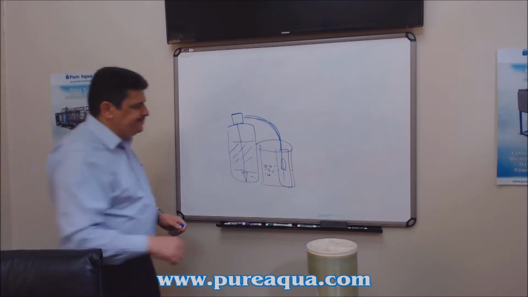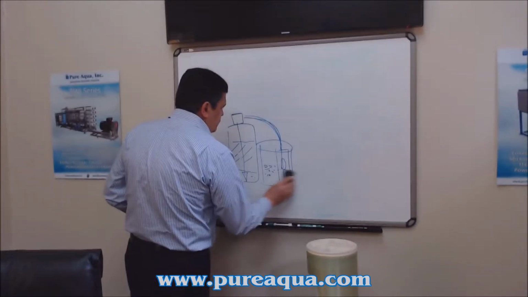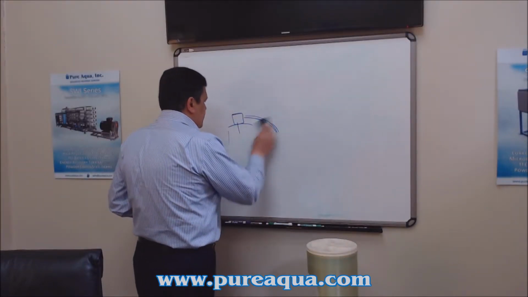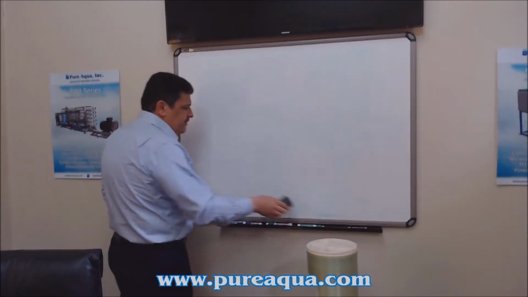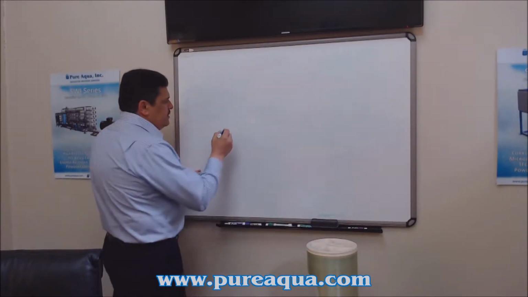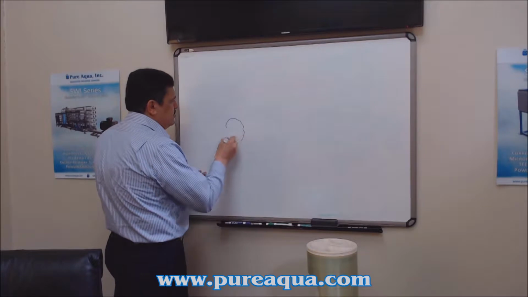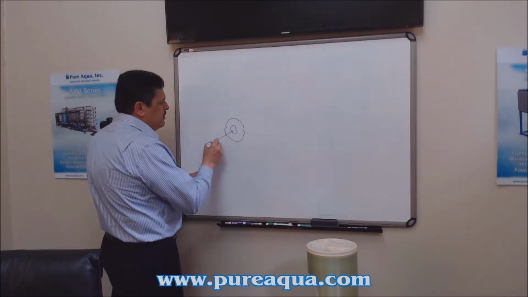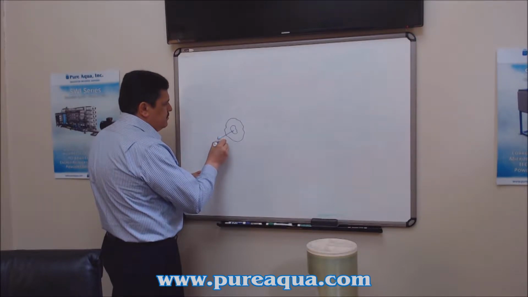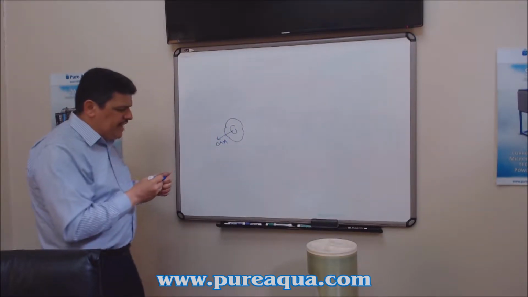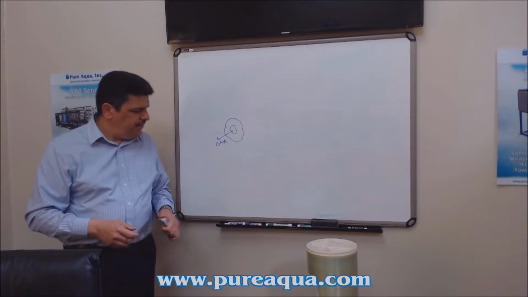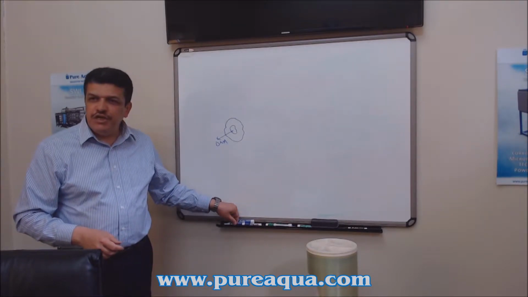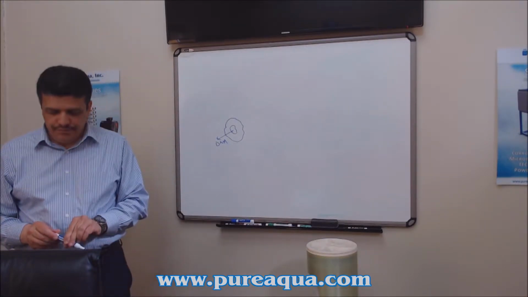The way it works is very simple. We know that the cell, for any viruses or bacteria, is something like this. There is the center of the cell, which is the DNA, the acid which is responsible for the reproduction of the cell itself.